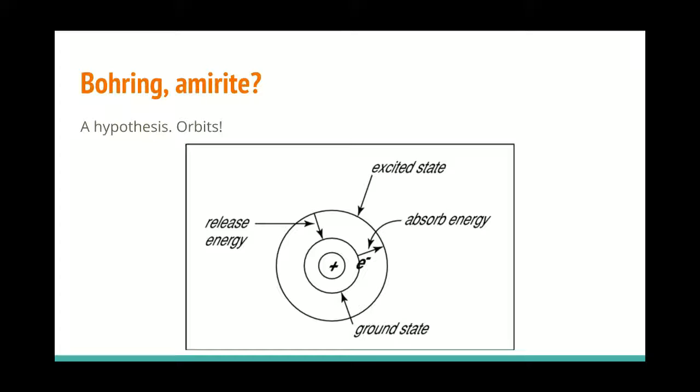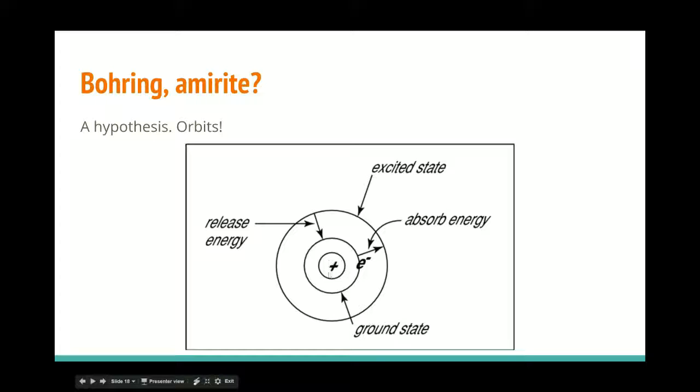He said that the reason hydrogen is emitting integers of light is because electrons can only exist at specific orbits.